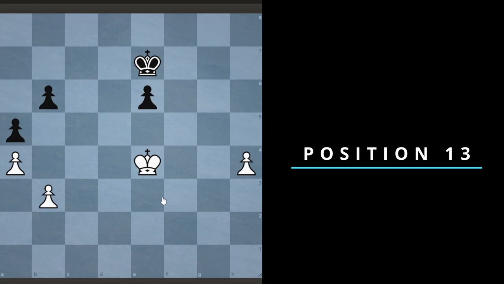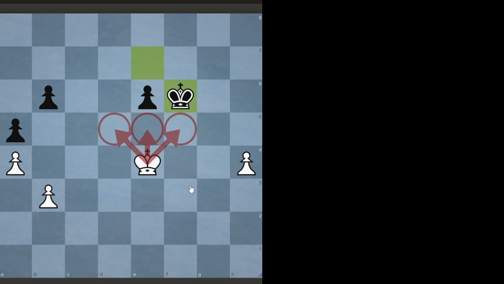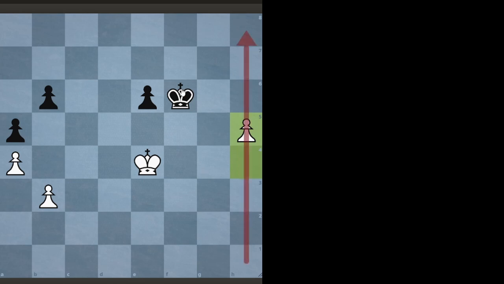Is it still winning for white, or maybe black is able to draw? After black plays king f6, not allowing the king to infiltrate, the white pawn moves forward. The idea is the same. The pawn functions as the decoy. The king must stay in the pawn box and capture the pawn as quickly as possible.